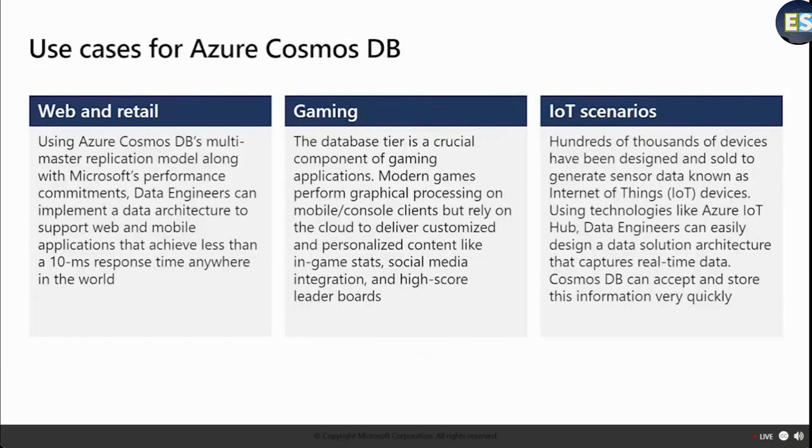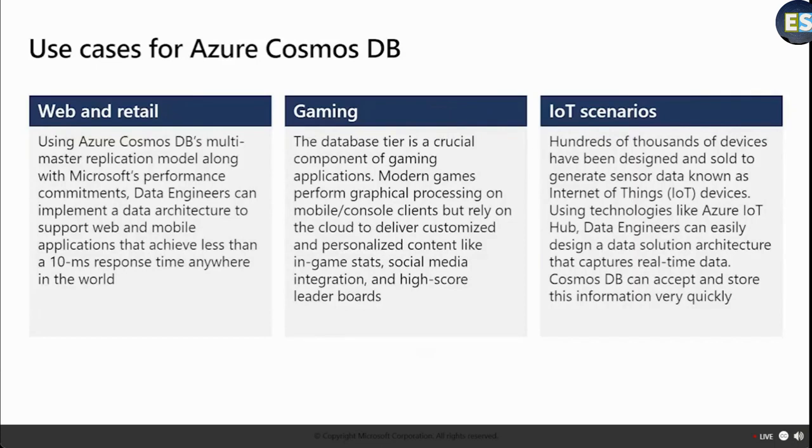In the gaming industry, the database tier is quite a crucial component for gaming applications. Modern games perform graphical processing on mobile and console clients, but they typically rely on cloud services to deliver customized and personalized content like in-game stats, social media integration, and high score leaderboards.